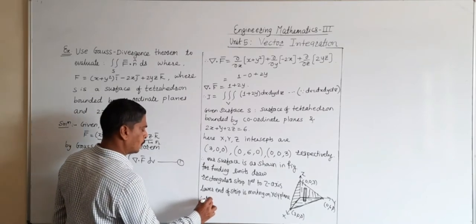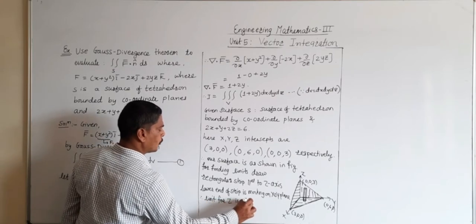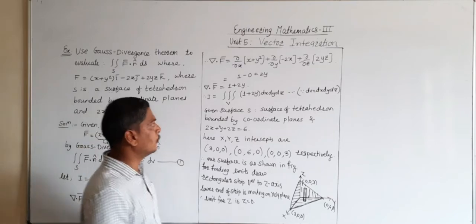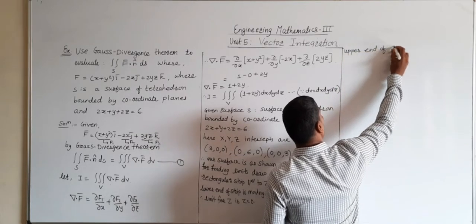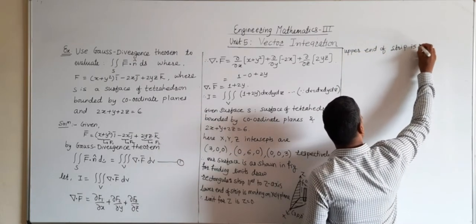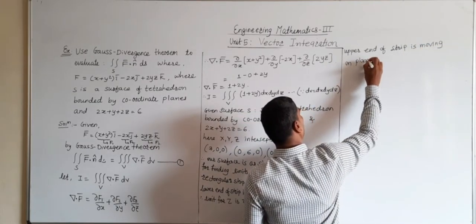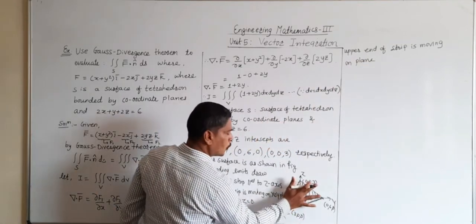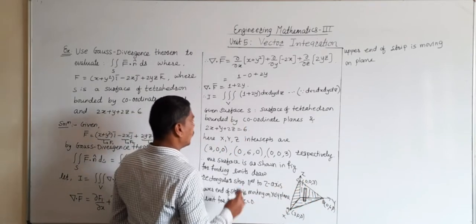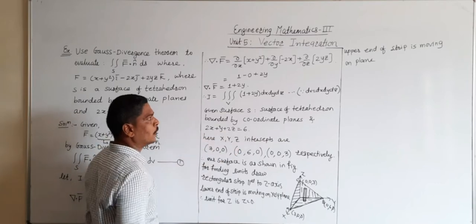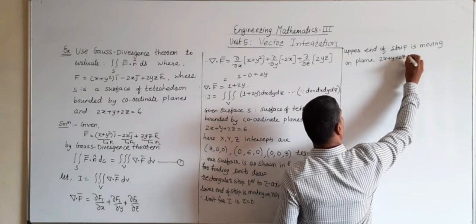Therefore the limit for z is equal to 0. Now the upper end of the strip is moving on a plane. On which plane? The upper end moves on the plane bounded by points A, B, C. That means the plane 2x plus y plus 2z is equal to 6.